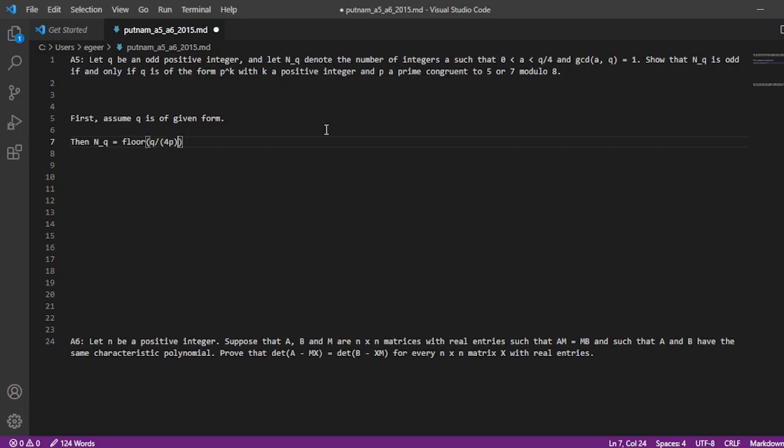I'm thinking maybe some expression like this, though I'm not convinced this exact expression is correct.